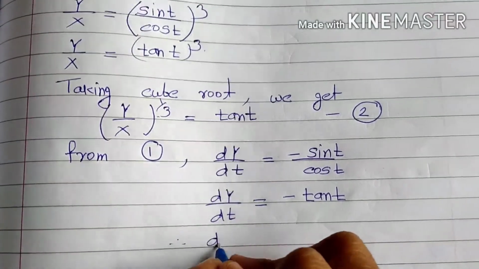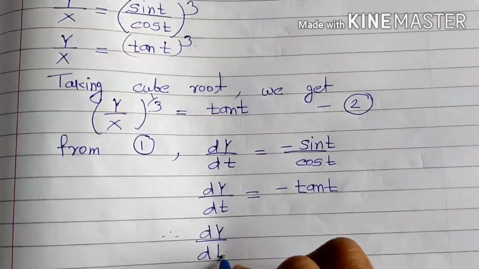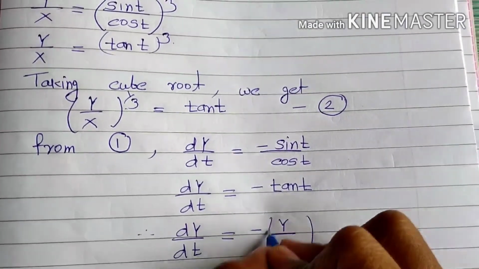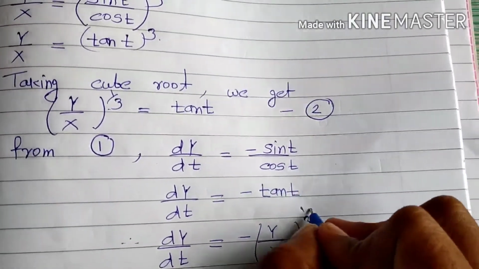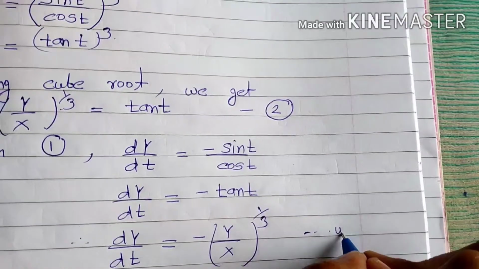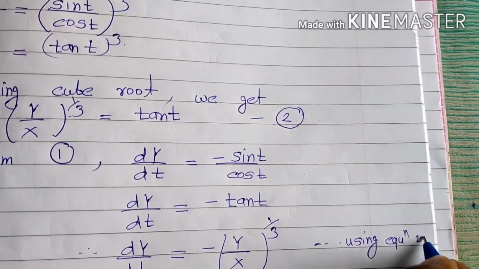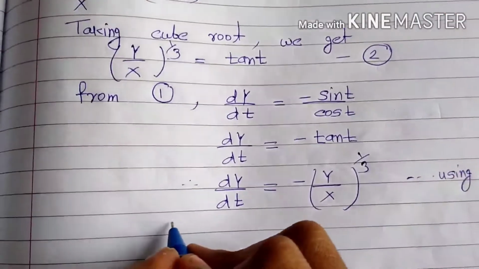Therefore dy upon dx is equal to minus y upon x raised to 1 by 3. Using equation second, hence proved.